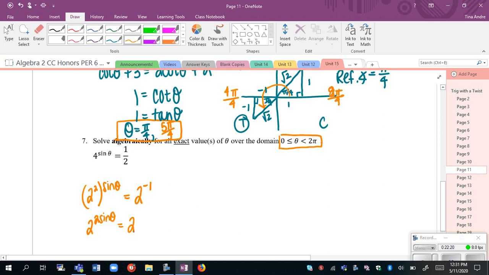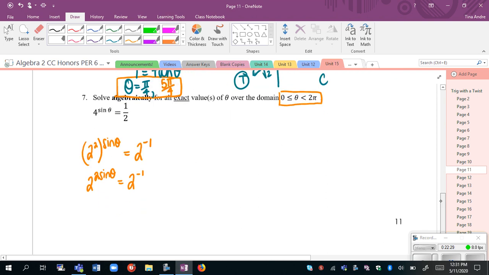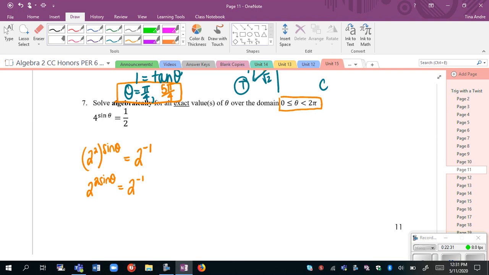This is going to stay. And now that I've applied my exponent rules, and I literally have base 2 to some power equals base 2 to some power, I know that the powers must be equal. So now I can say that 2 sine theta must be equal to the exponent on this side, since they have the same base.